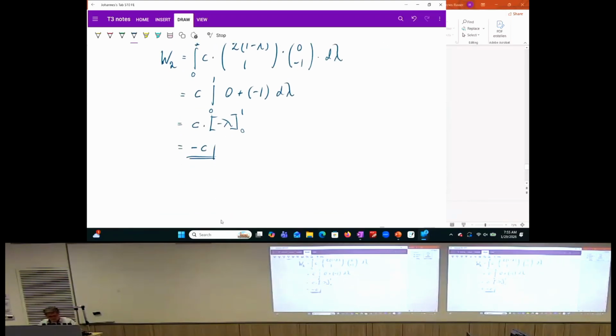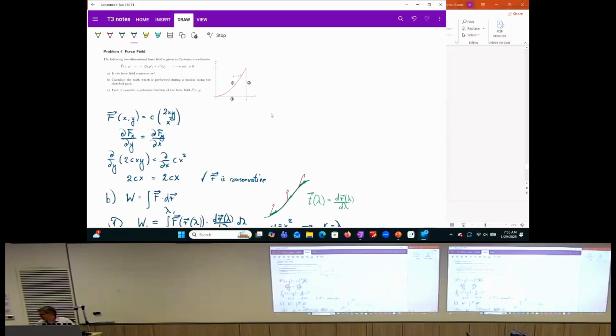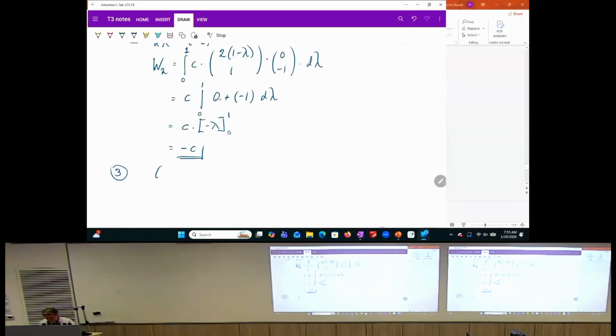Now we have to take the third stretch, and there you see again the third one was moving from x equal to 1 and y 0 back to the origin. So we move from 1, 0 to 0, 0.